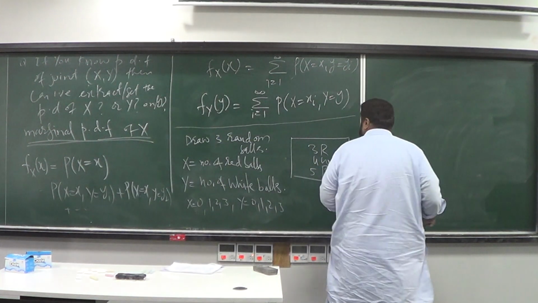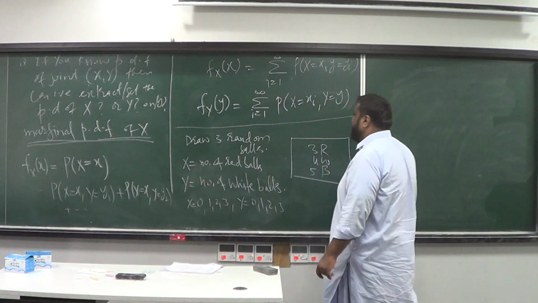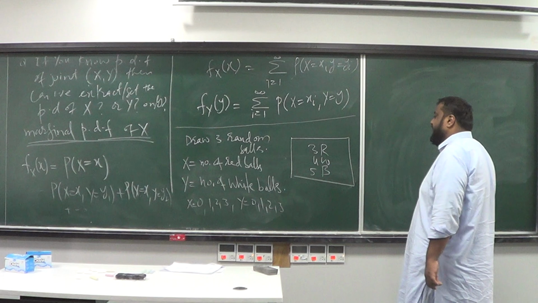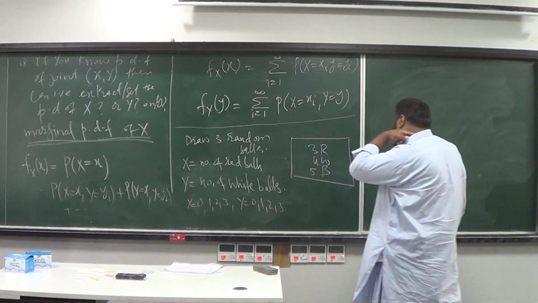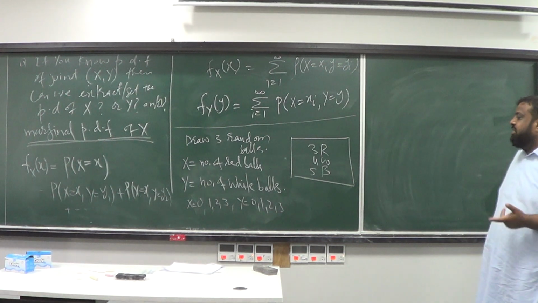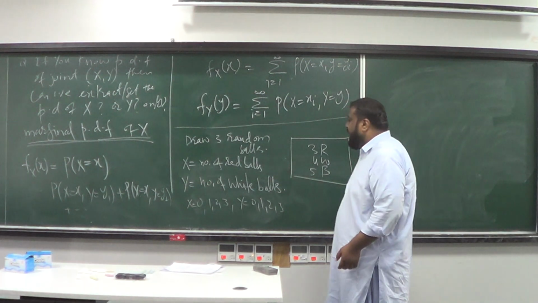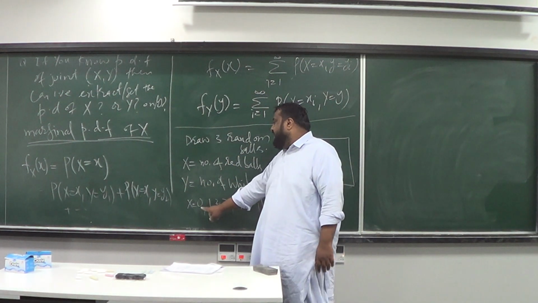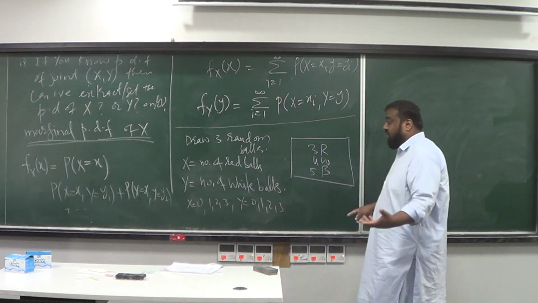The question is, if X is taking value 0 and Y is taking values 1 and 2, then what could be the possible outcomes? So one of the outcomes could be that you drew 3 balls and there was no red ball and no white ball at all.